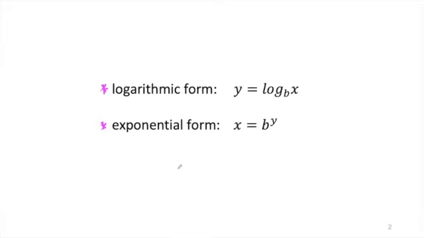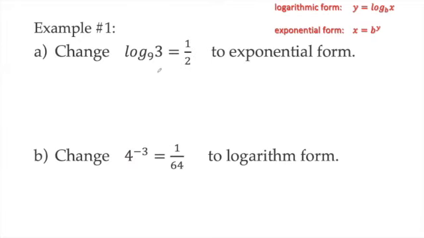So what we're going to do is change log base 9 of 3 equals 1/2 to exponential form. To do that, you're best to label this and then write out exponential. The right-hand side of your equation is equal to y.